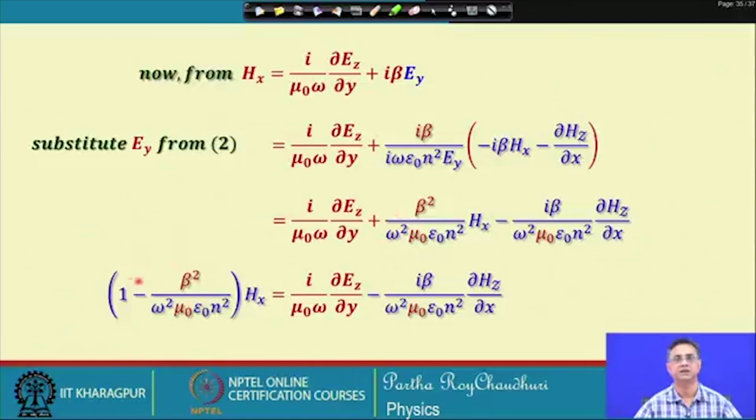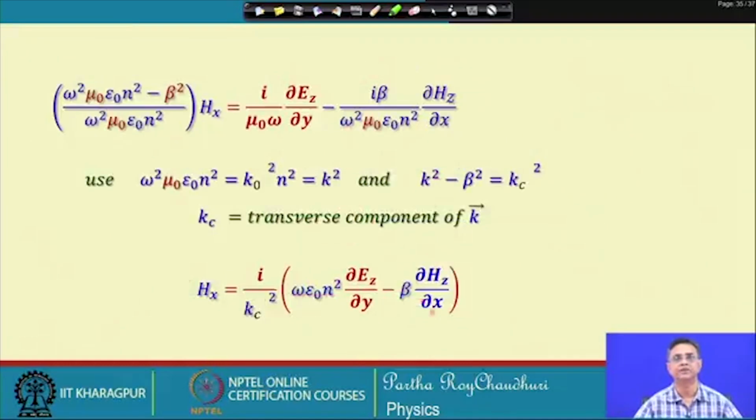As a result, you can write this equation in this form, because you have H x, H z, E z, and here you have H x on the left hand side. So, this equation will give you this form, that H x can be written in this form.